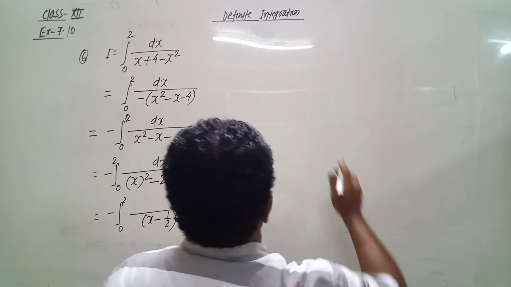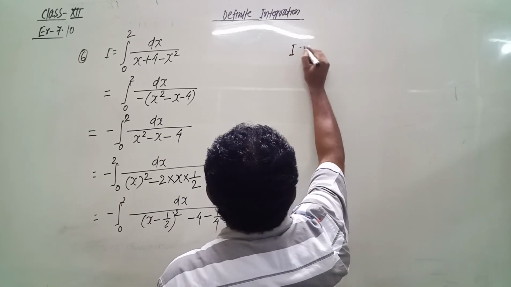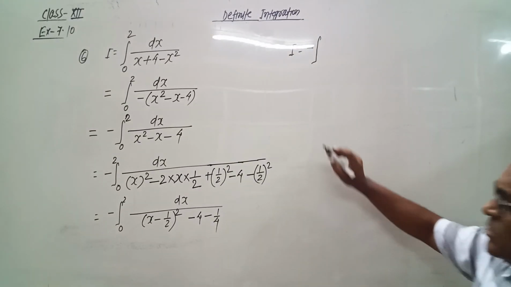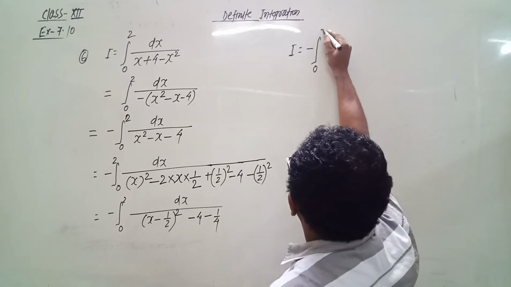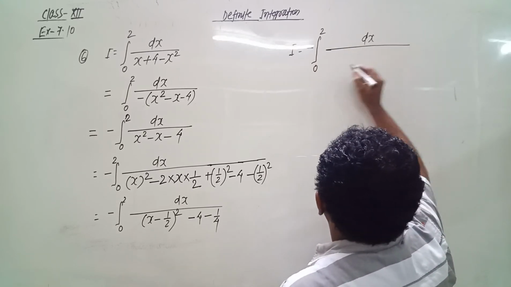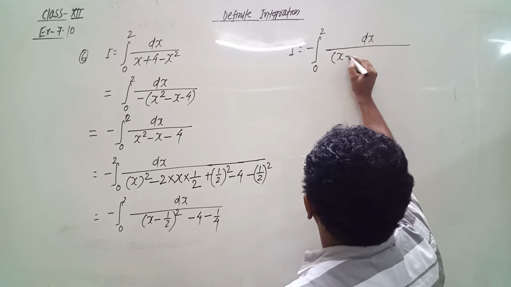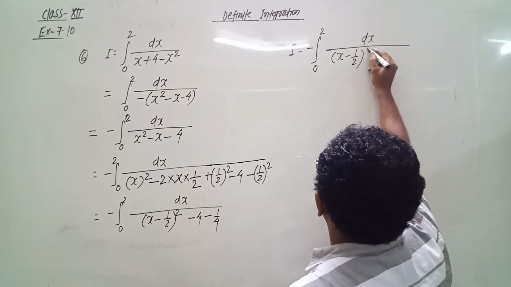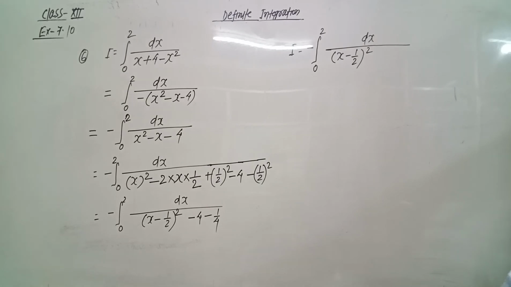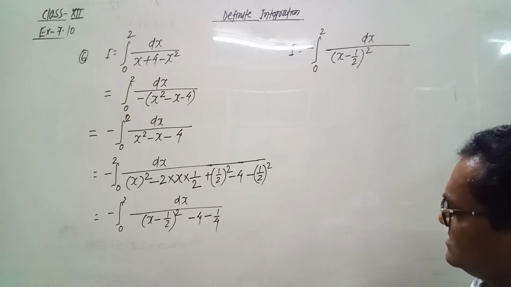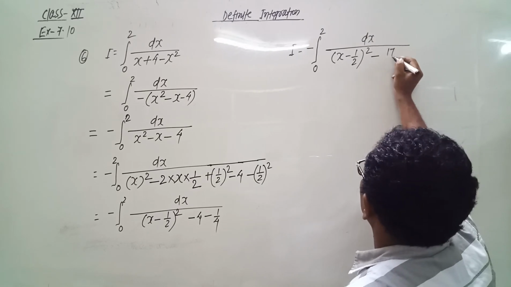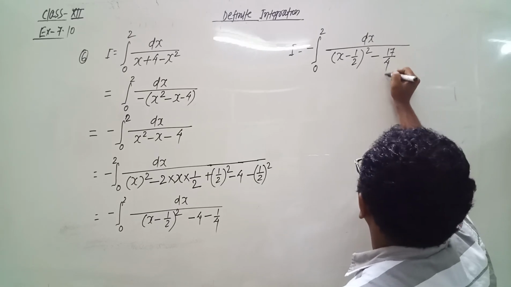Now minus integration limit from 0 to 2 and dx upon x minus 1 by 2 the whole square, and taking LCM, minus 4 is the LCM. So minus 16 minus 1. It becomes minus 17 by 4.